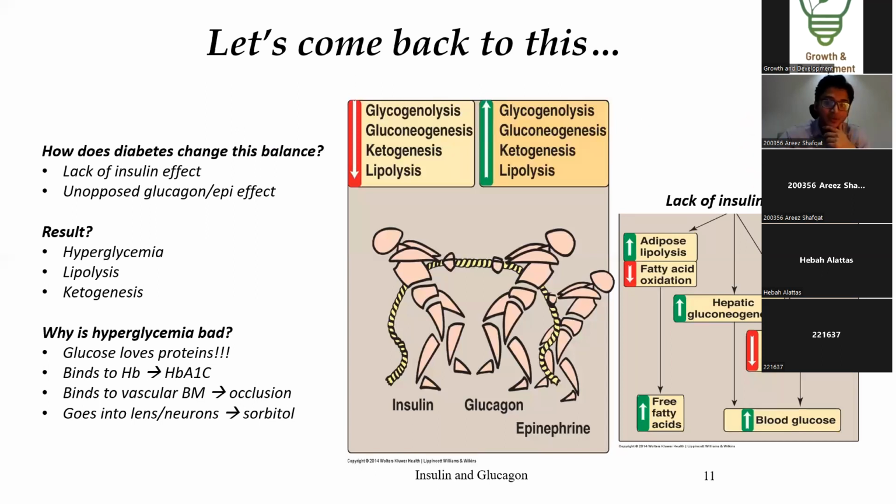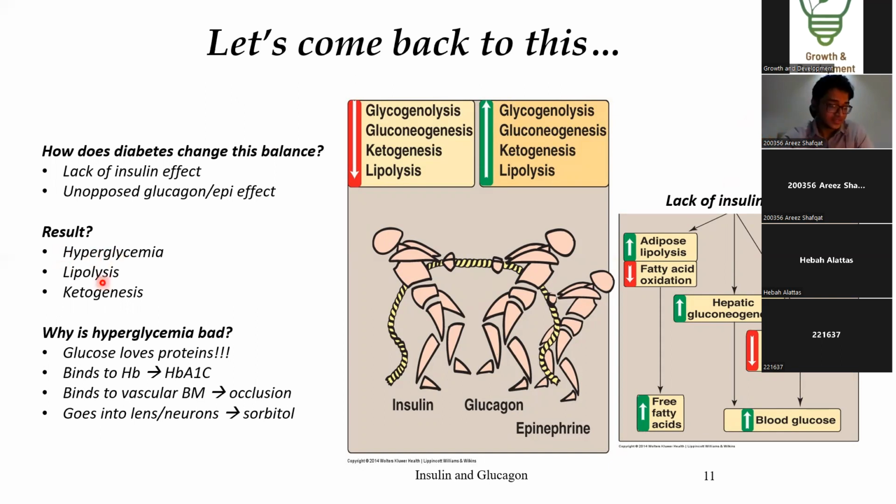Because in diabetes, you lack insulin effect. If you lack insulin effect, you have increased lipolysis because insulin causes storage. Epinephrine and glucagon and cortisol cause breakdown. So as a result of lack of insulin effect, you have hyperglycemia because the liver is producing glucose plus it isn't using and storing the glucose.